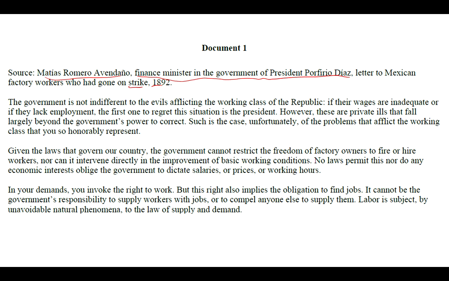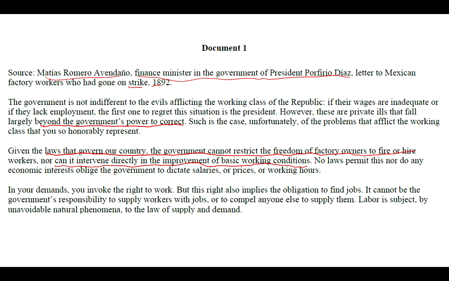Helping the strikers is beyond the government's power to correct. Okay, given the laws of our country, the government cannot restrict the freedom of factory owners to fire or hire workers, nor can the government intervene directly in the improvement of basic working conditions.